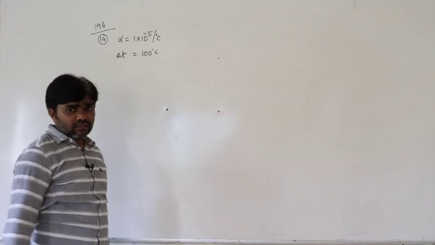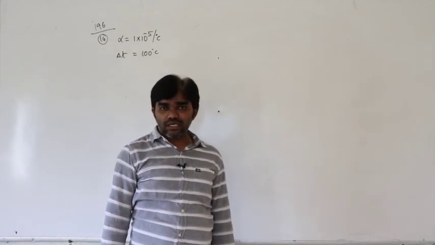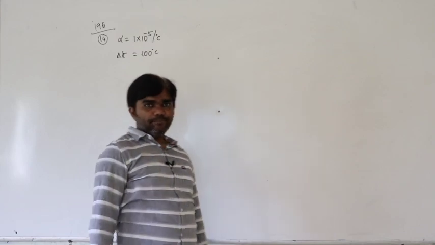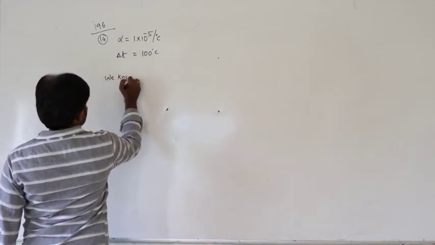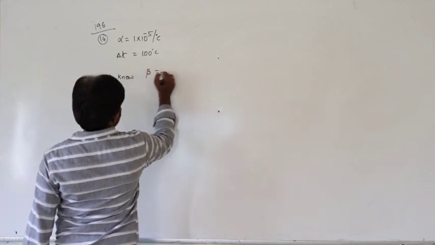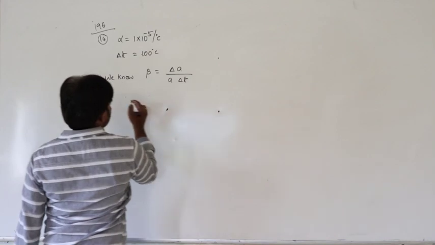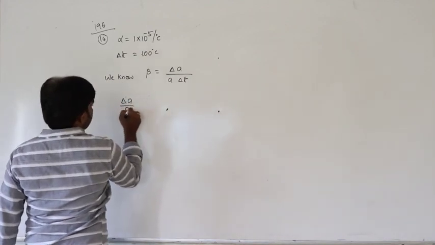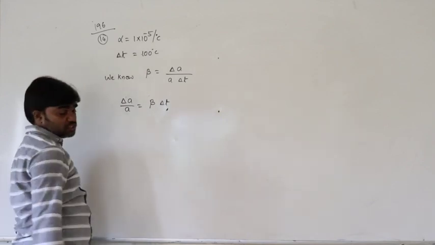Now we have to calculate the percentage change in area. We know beta is equal to delta A by A into delta T. So delta A by A is equal to beta delta T. This is the fractional change.